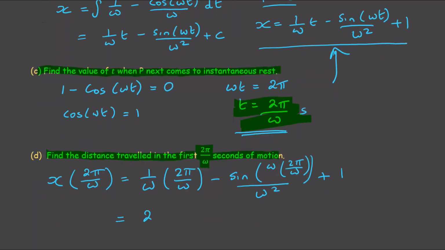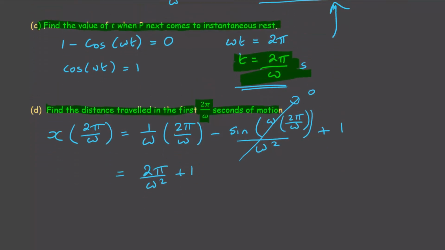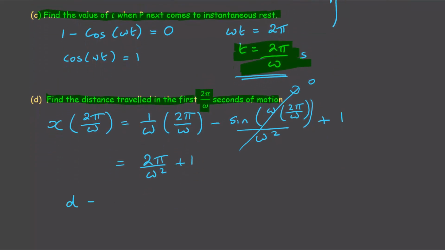And so that is 2π on ω squared. This one is just 0 because it's sine of 2π, plus 1. So since it started at x equals 1, the distance would be equal to 2π on ω squared.